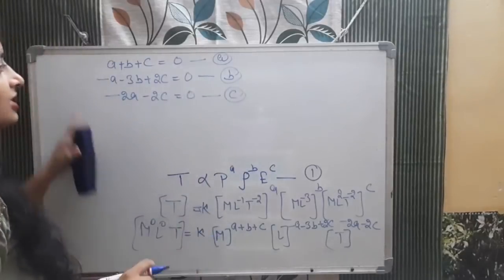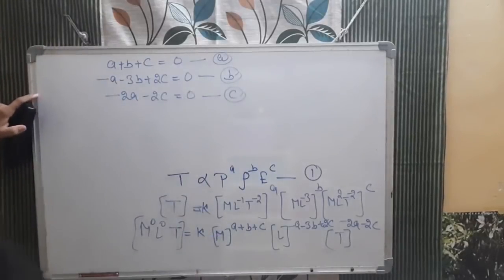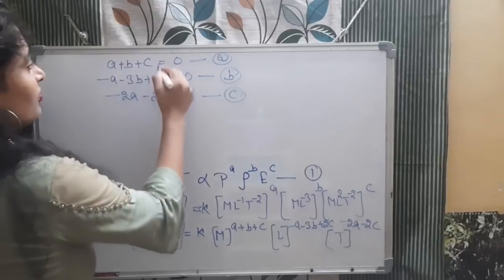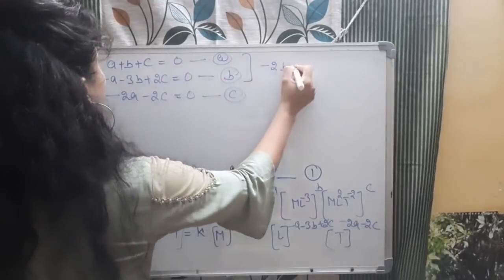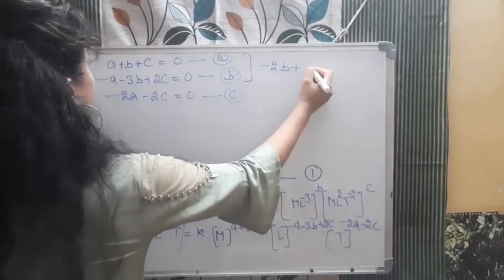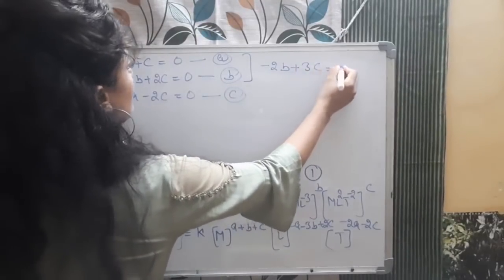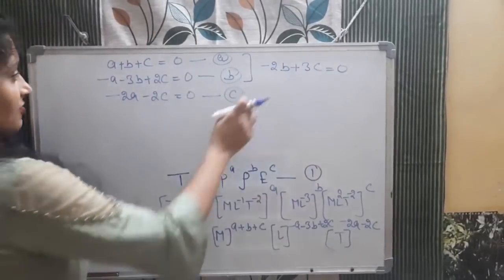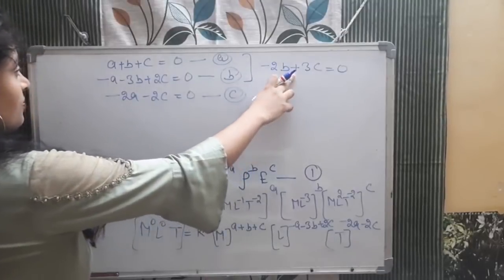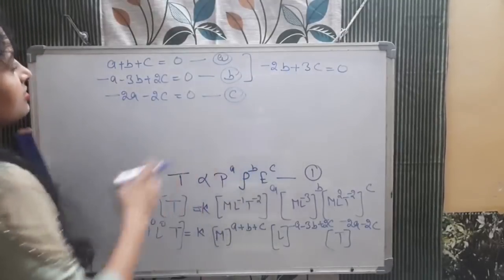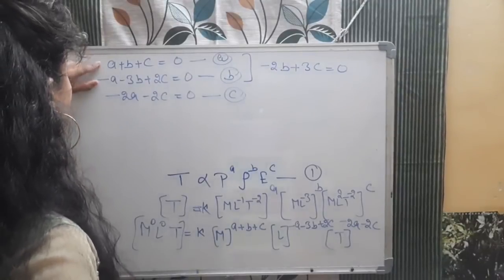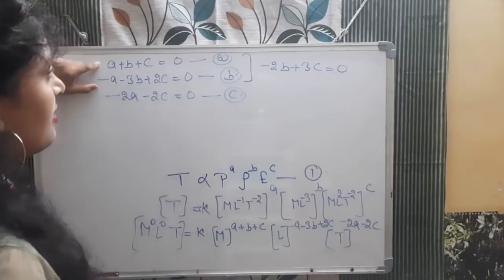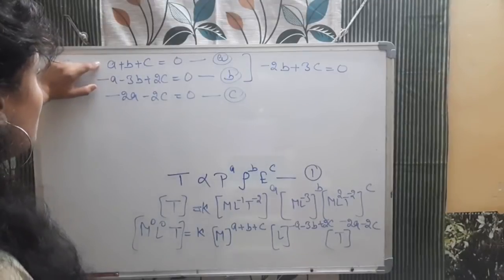What we need to do? We need to solve these equations. How we will solve? For example, first two. We will add first two. What we will get? Minus 2B plus 3C is equal to 0.